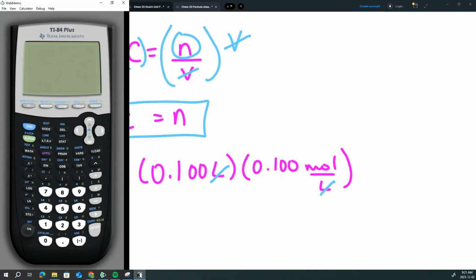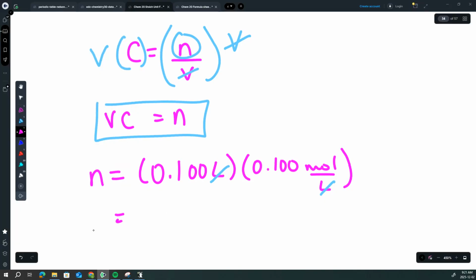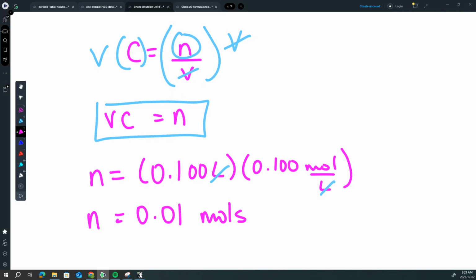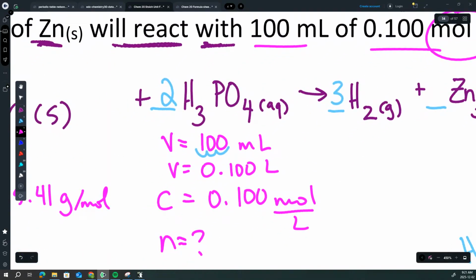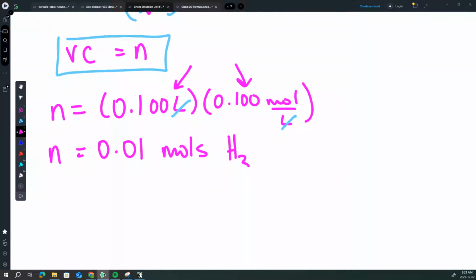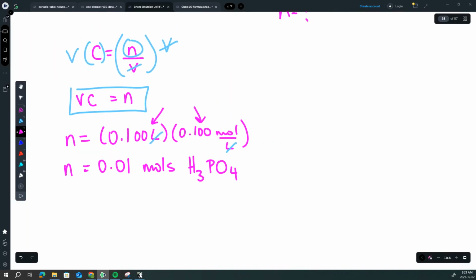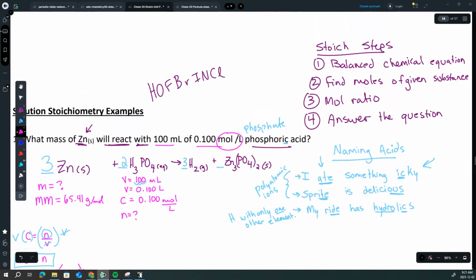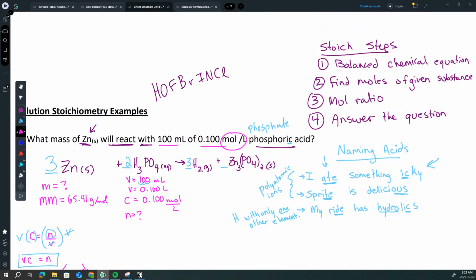So then if I go 0.1 times 0.1, it's going to give me 0.01. And because both of these numbers belong to phosphoric acid, I know that I just found the moles of phosphoric acid. So that's step number 2, find moles of given, done.